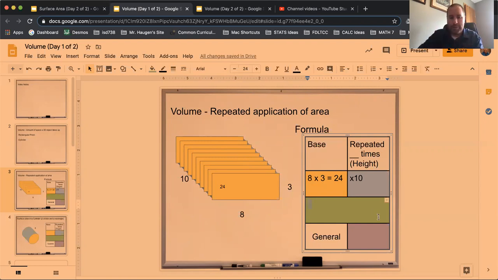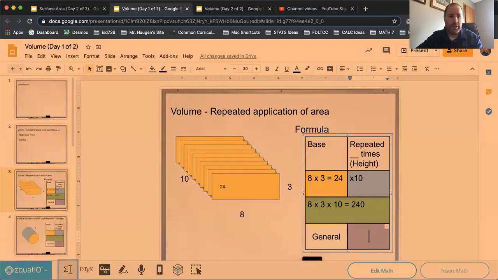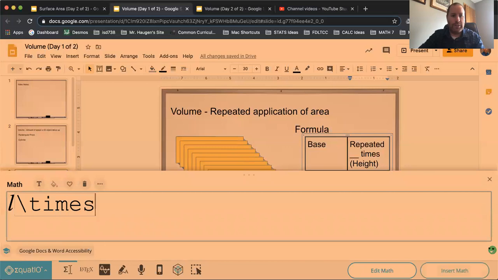So really, what we've done, and you guys probably knew this before, but that's why that works. We're taking one thing and repeatedly using it 10 times over, which in this case is 240. Not too bad to do. But in general, what most people say is we take length times width, L times W. Usually how we do that is length times width.